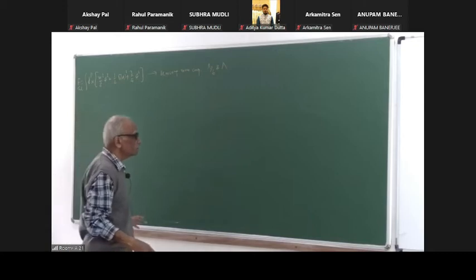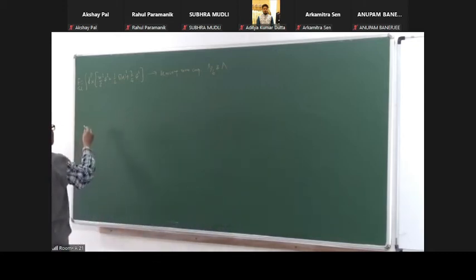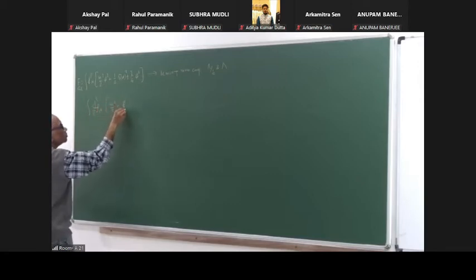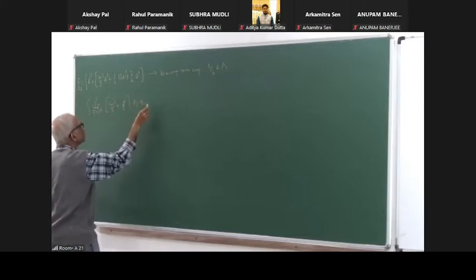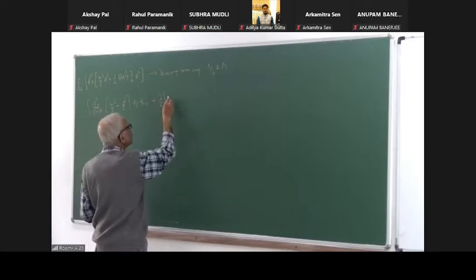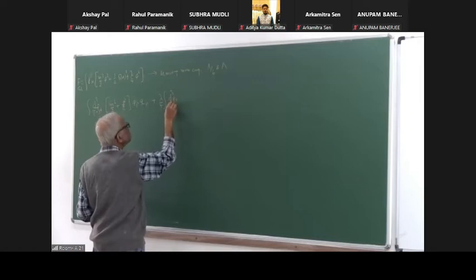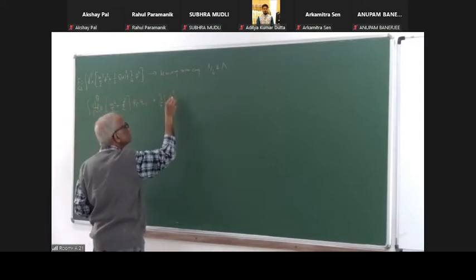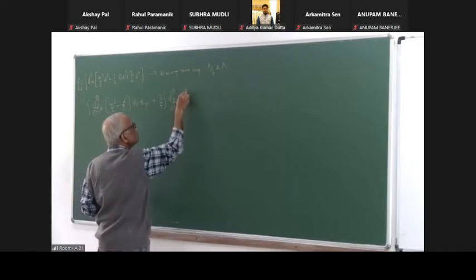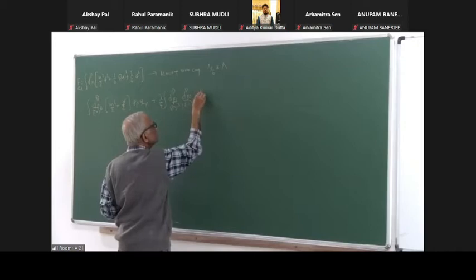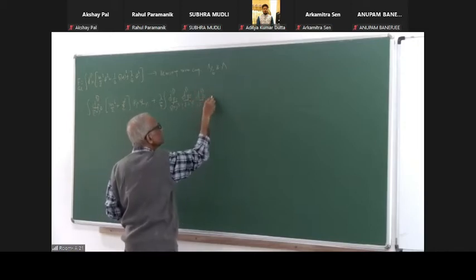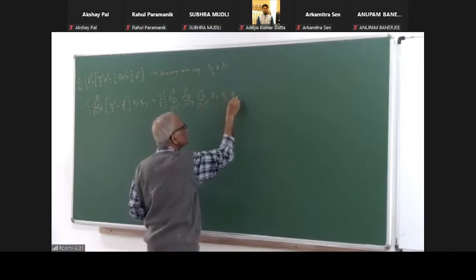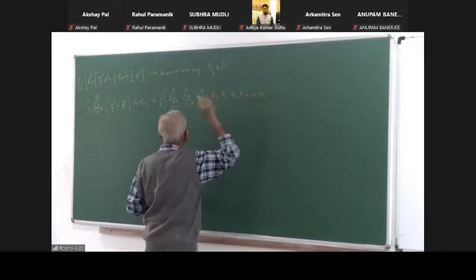And do a rescaling. So when we do the first step, if we write this in terms of (m²/2 + p²/2) φ_p φ_-p plus λ/4 times the integrals d^dp1/(2π)^d, d^dp2/(2π)^d, d^dp3/(2π)^d of φ_p1 φ_p2 φ_p3 φ_-p1-p2-p3, right?